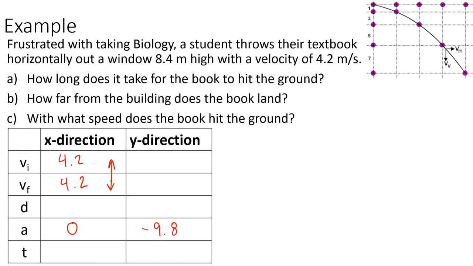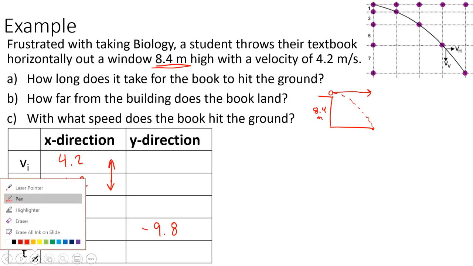Now, if we look to the question, we can put in another piece of information, and that is a student throws their textbook horizontally out a window 8.4 meters high. So if we have an object being chucked and it lands over here, and this is 8.4 meters high, we know what the displacement in the y direction is going to be.